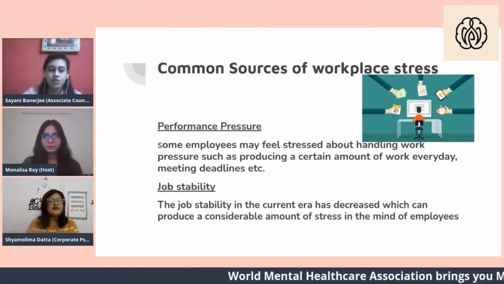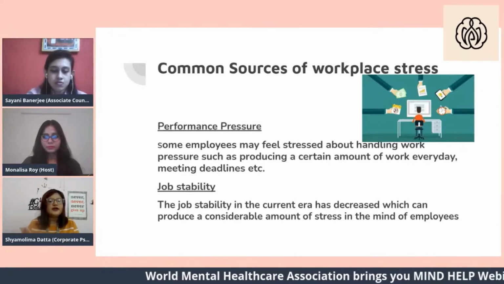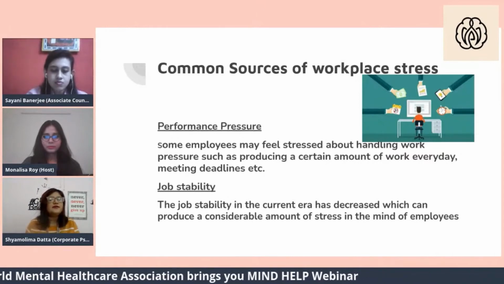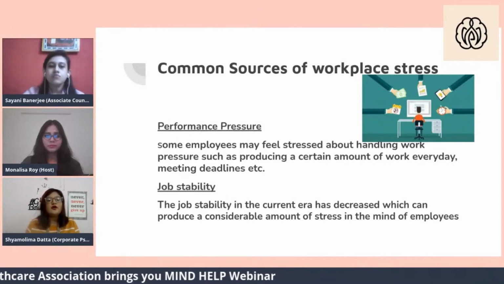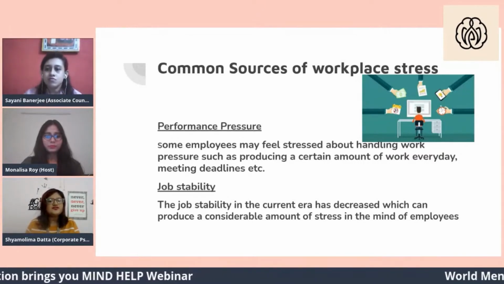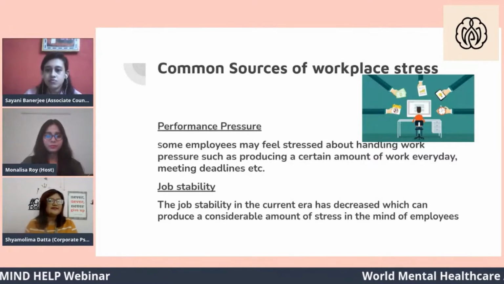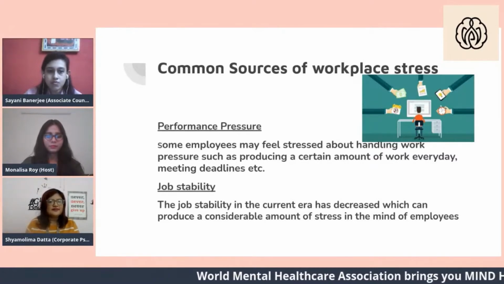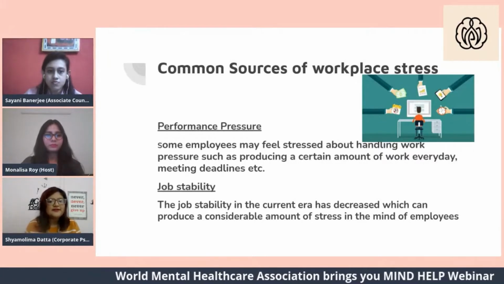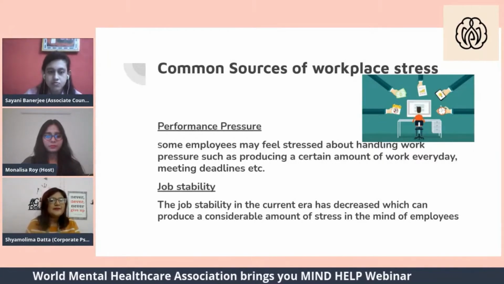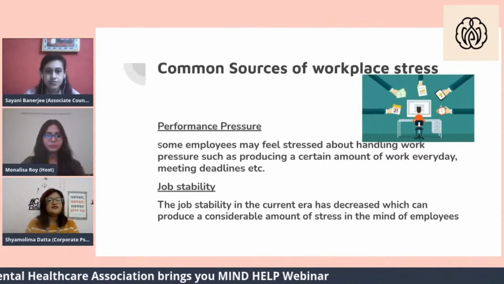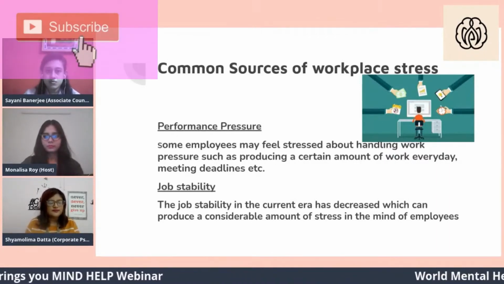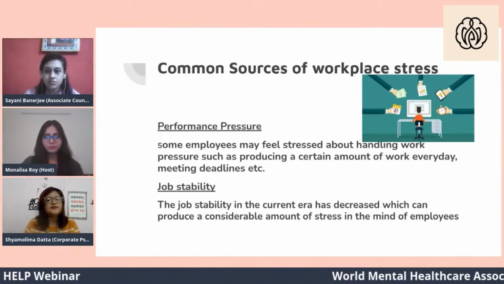Every day they have to have a certain amount of productivity, and if it is not met, then they themselves feel low, and also sometimes they might feel the pressure of getting punished by the higher organization, or the ridiculing effect they might get from their team members. That is one of the sources of stress.